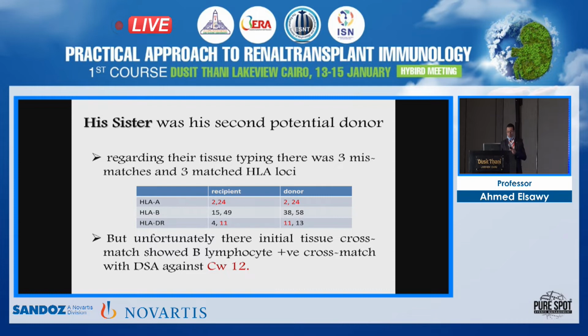But if I have another one who has 1 match on DR but very high titer DSA, cross match positive for B and T, it is absolutely contraindicated unless a desensitization protocol is done.